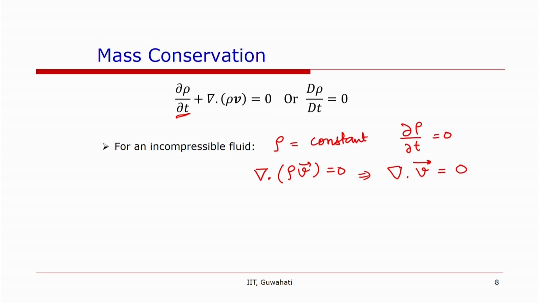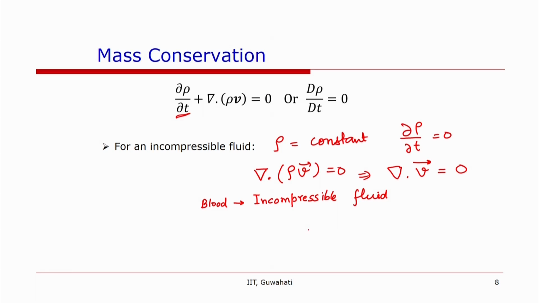Now, blood is an incompressible fluid. Generally, at atmospheric temperature, all liquids can be treated as incompressible fluids. So most of the time, or all the time, in this course we will be using only this as the mass conservation equation. Even when the flow is not steady, the density does not change with time.